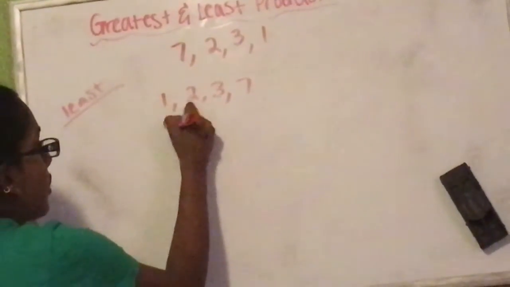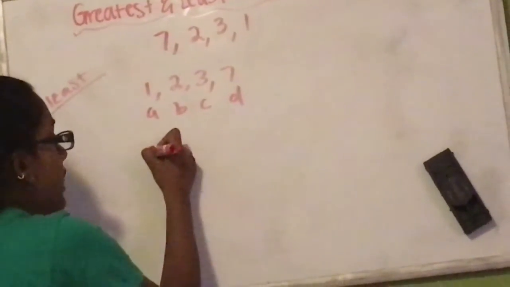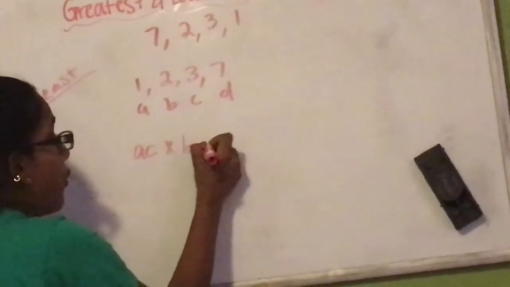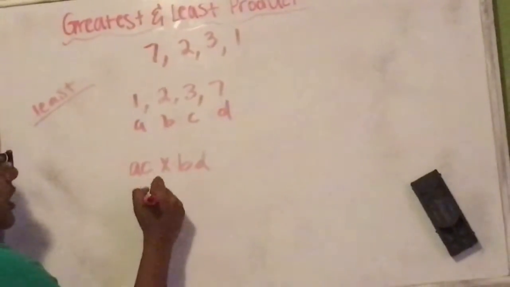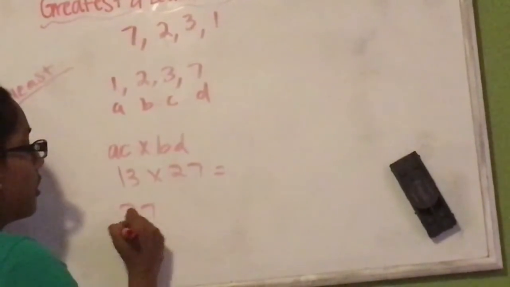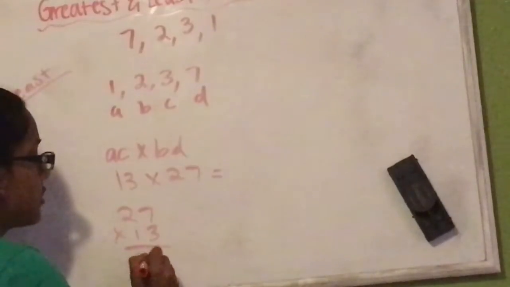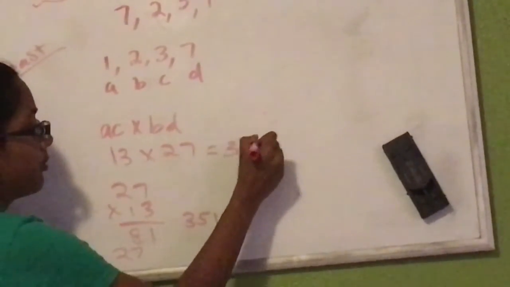So we have A, B, C, and D. Now we have AC times BD as our formula for the least product. Now AC is 13, BD is 27. Now if we multiply that out, we should get 351. Okay? So far so good.